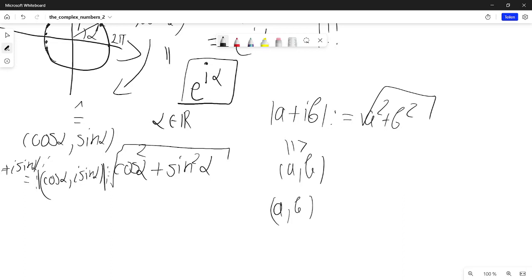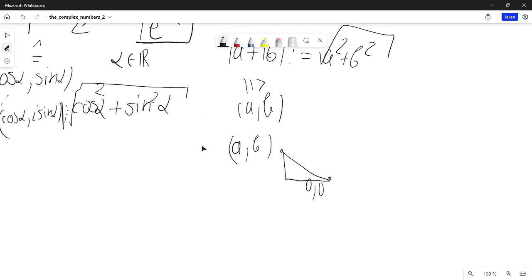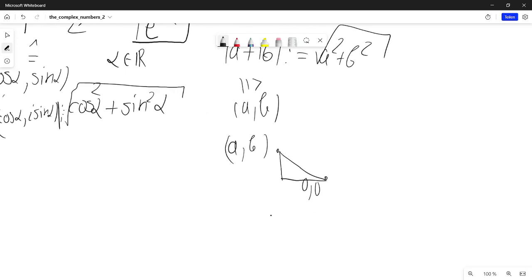The distance for that works just well. AB, and this is the origin 0, 0, and we want this distance. It doesn't matter what order we take, just this distance plus this distance, and we compute this hypotenuse, right?